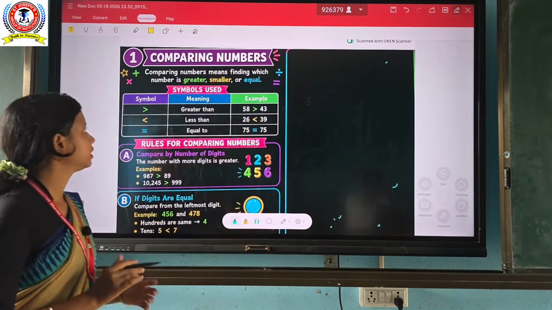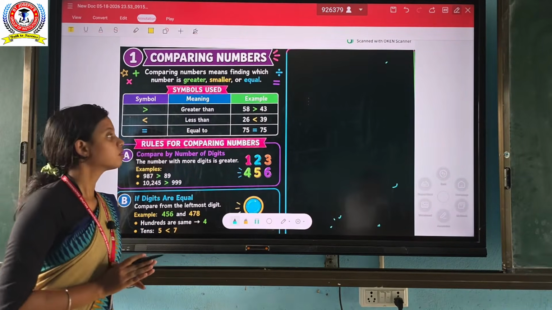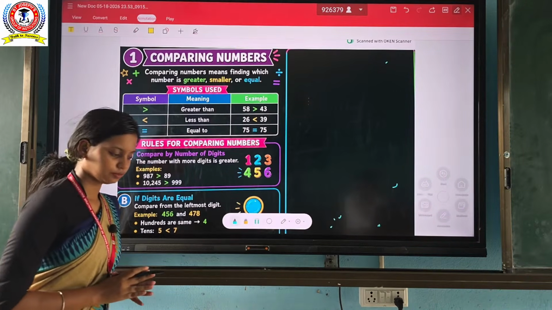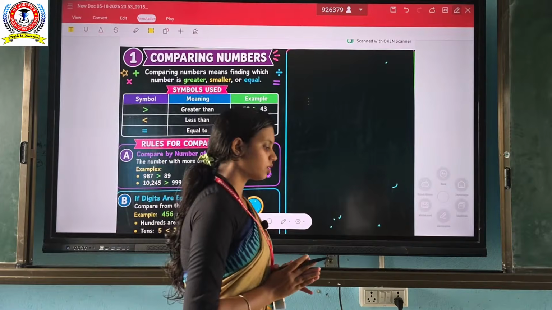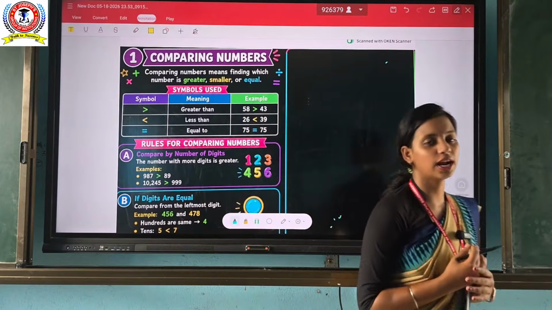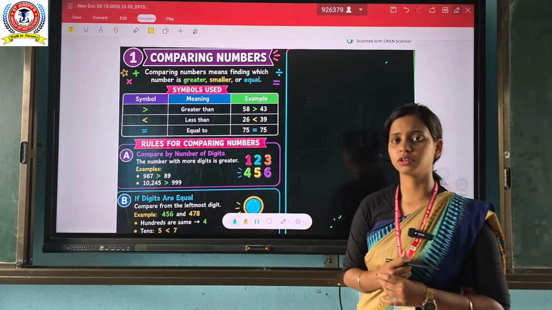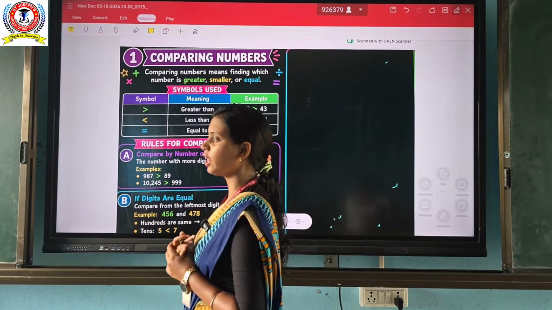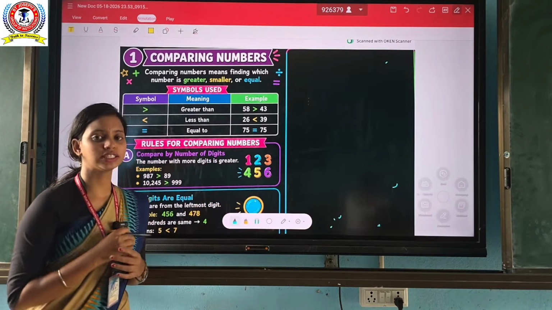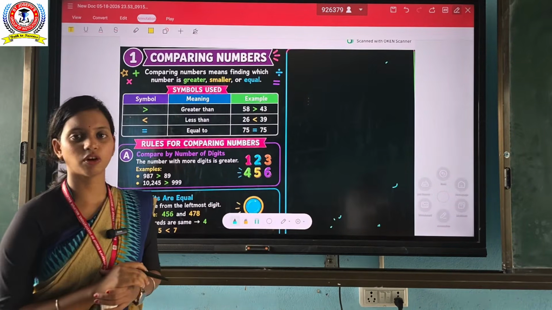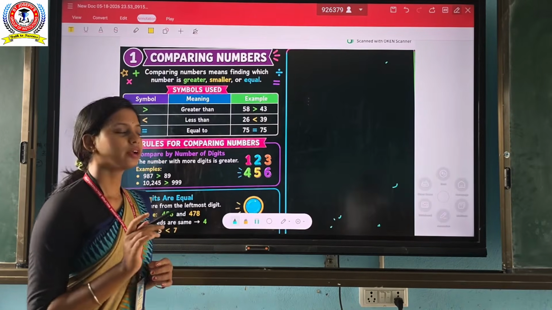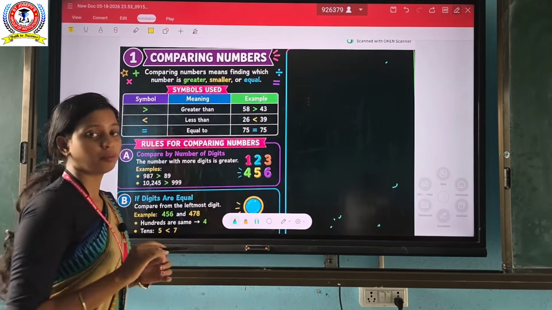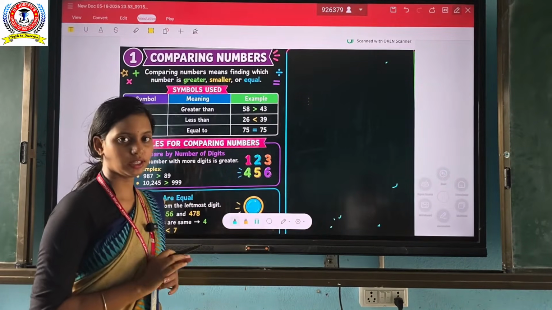So let's start today's lesson. First thing, comparing numbers. In numbers, there are some larger numbers and some smaller numbers. So how do you know which number is larger and which is smaller?